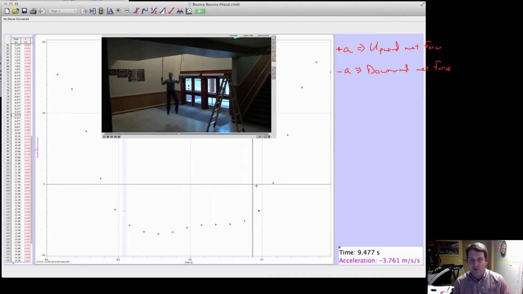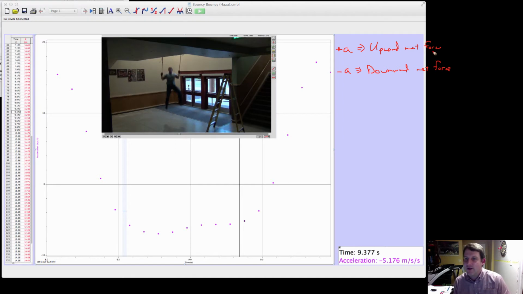So those 2 things real quick, and maybe we just write those down. For positive acceleration, which is an upward net force, there are 2 possibilities. I can be either speeding up or slowing down.